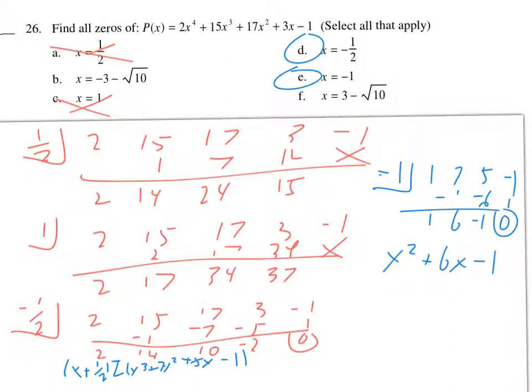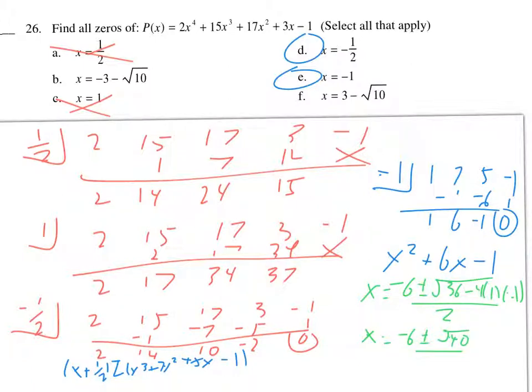So on quadratic formula, we get x equals... let me do this in green to kind of show my work here, my process. All right, -6 plus or minus square root of 36 minus 4 times 1 times -1, all over 2. So we get -6 plus or minus, and then that looks like 36 plus 4, which is 40, over 2.